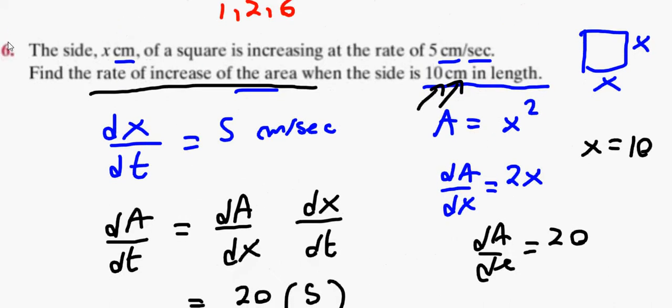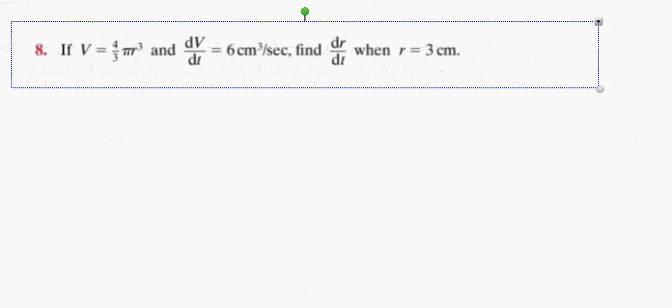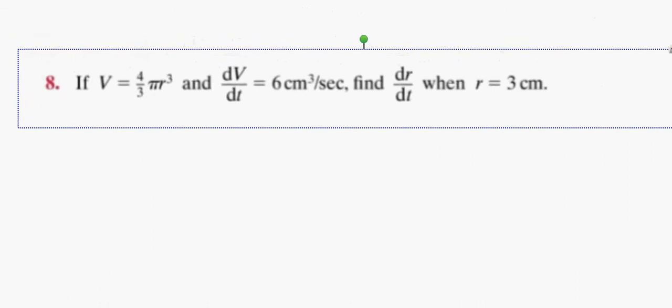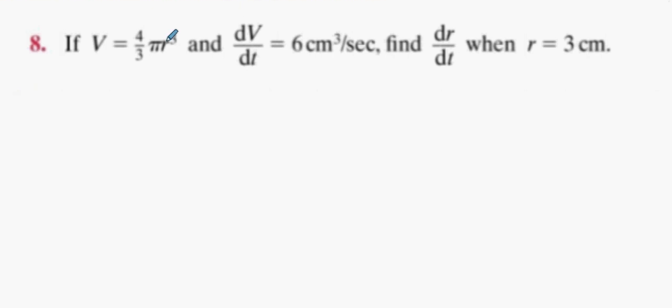We need you guys to do one now. That's 1, 2, 6. Will you guys try 8, please? Guys. Now, Gavigan. You have V equals 4/3 pi r cubed, okay? Do me a favor, differentiate it, what do you get?